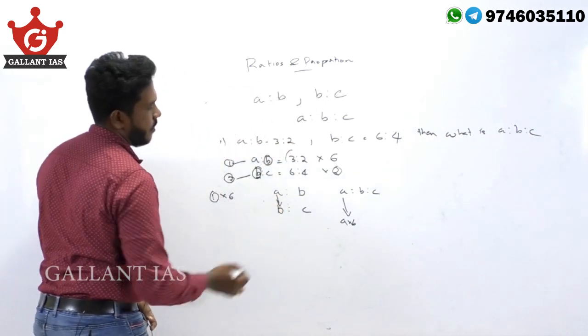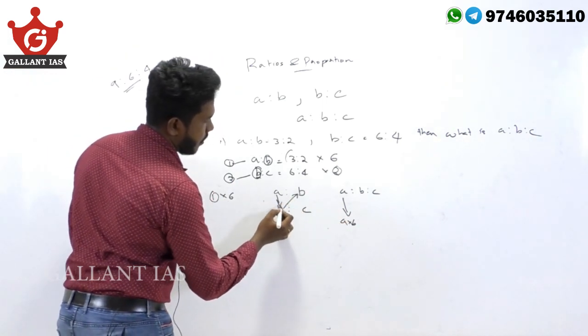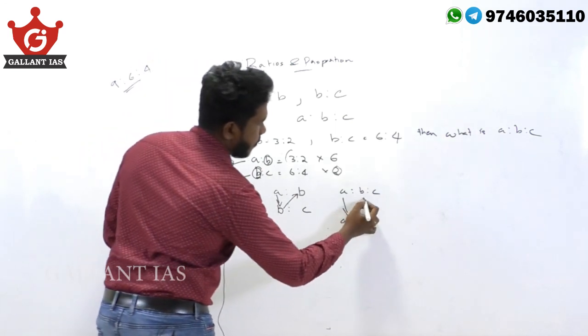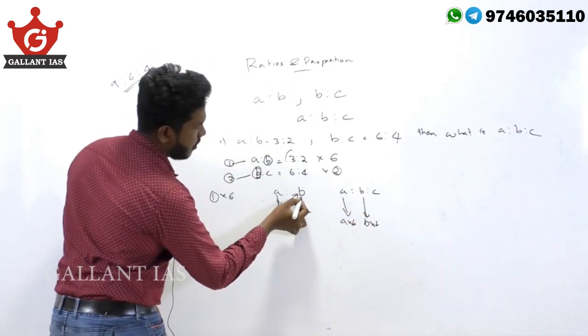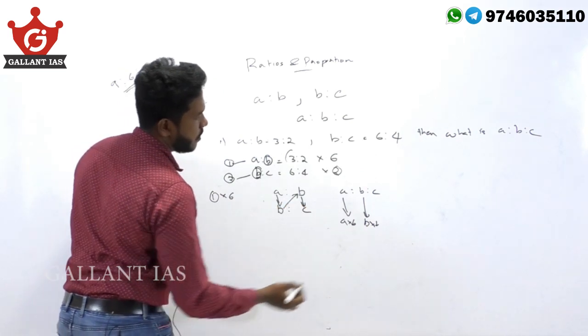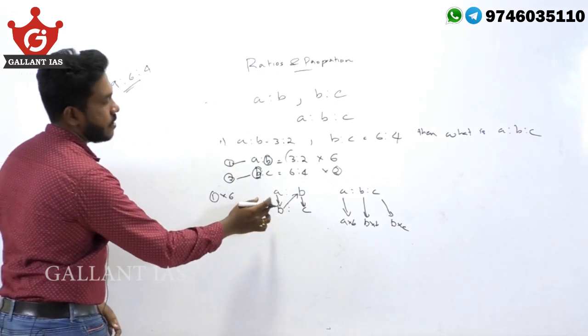Look, the downward arrow gives the value of A, and this cross arrow gives the value of B, which is B into B. And now from B to the down arrow, the value of C is B into C. Okay, got it? Check this thing.